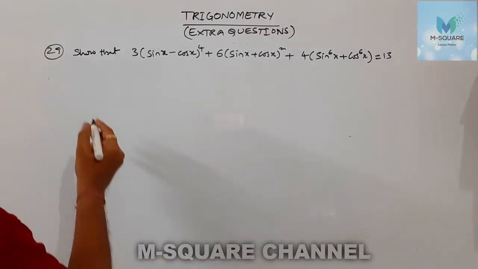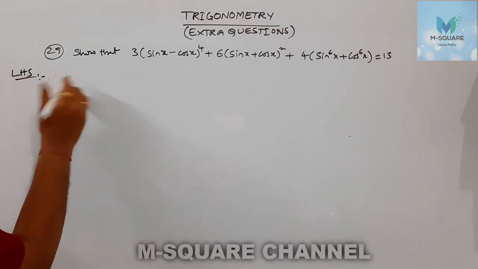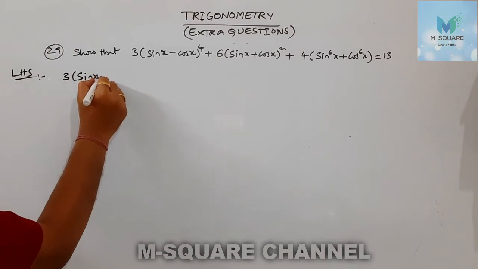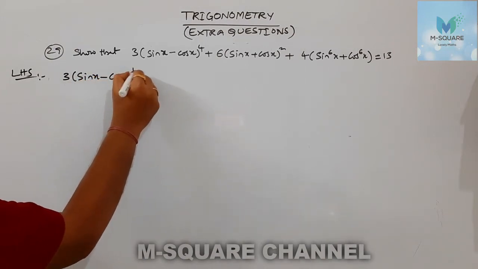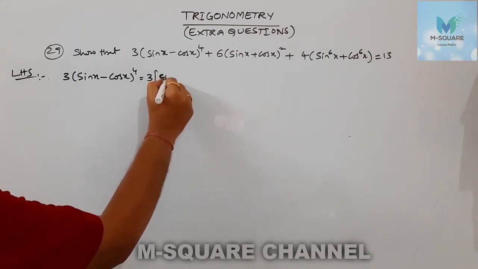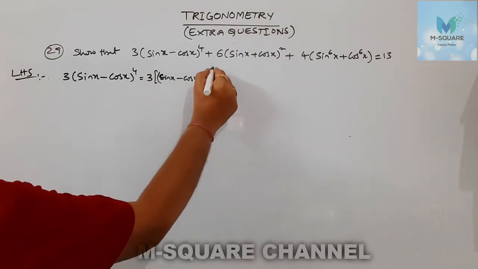Here, LHS side, I am going to take 3 sin x minus cos x whole power 4. That means 3 into sin x minus cos x whole square whole power 2.